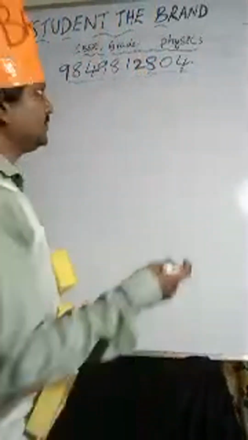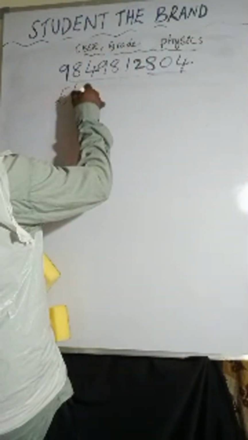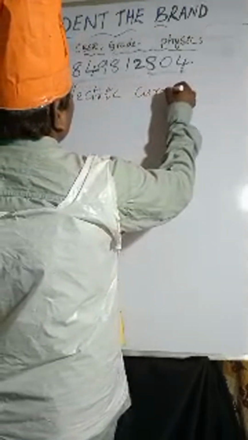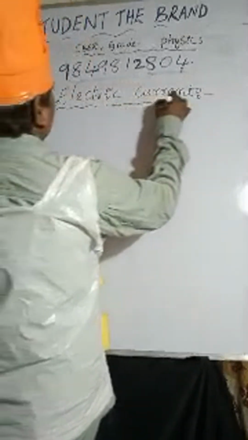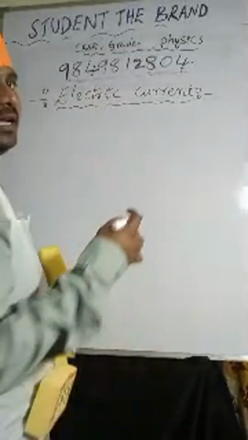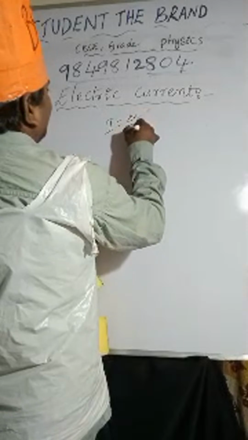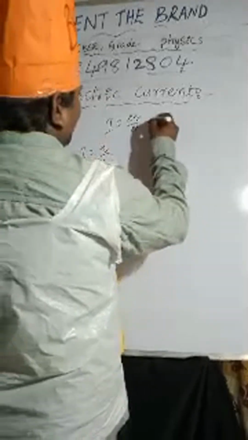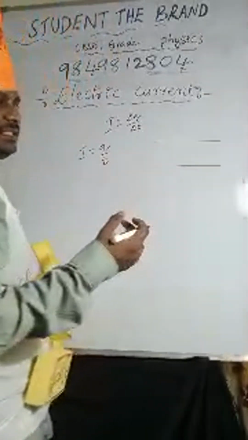So now you can see electric current. I equal to Q by T, I equal to delta Q by delta T, and I equal to Q by T. Here normally a conductor is there, so charge is moving, charge is flowing.